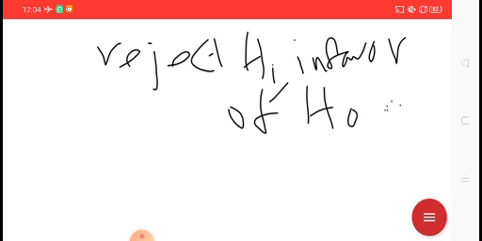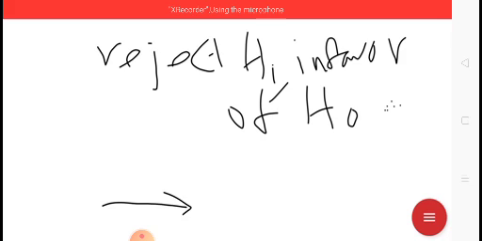Right. So this is the thing, right? This one, the second question. So for question six, second question, remember that we calculate the rejection level from the end part.